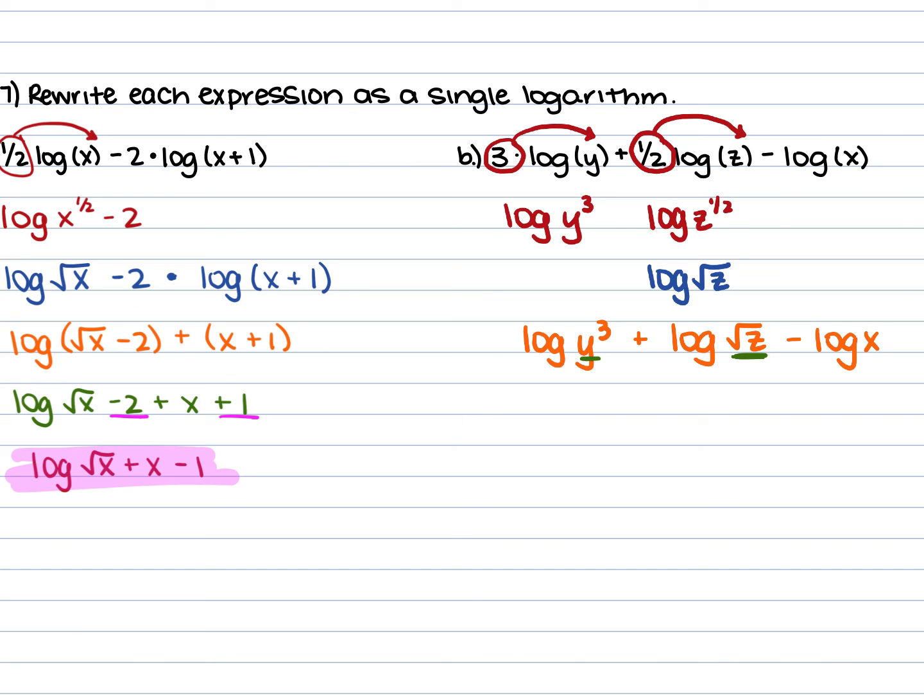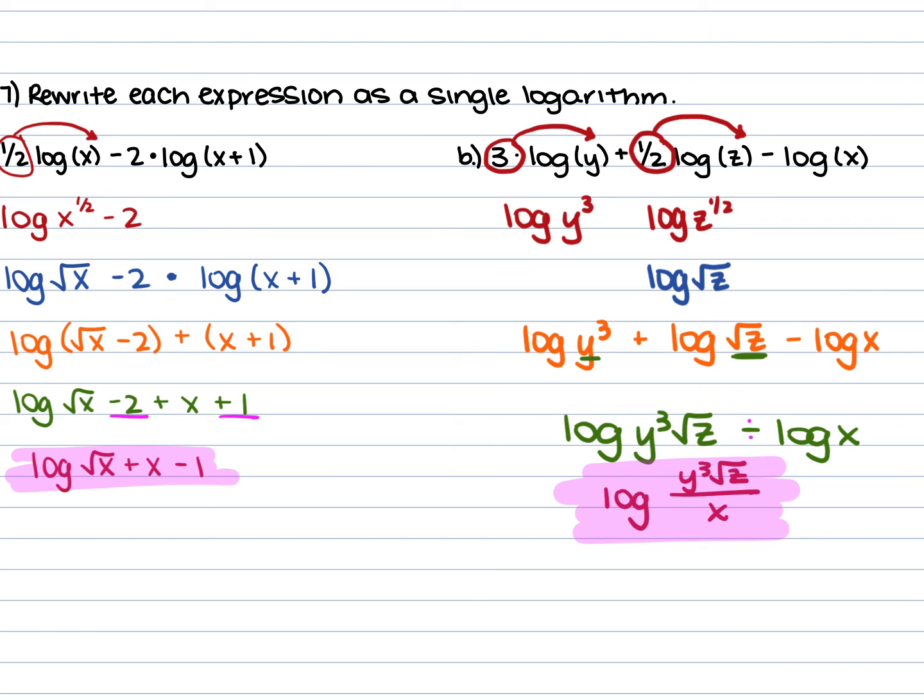Keep the log. That's going to give you log y cubed square root z. You also have minus log x. We said minus means division, so keep the log, divide your y cubed square root z by x. You cannot do anything else with this, so you just have the log y cubed square root z over x.